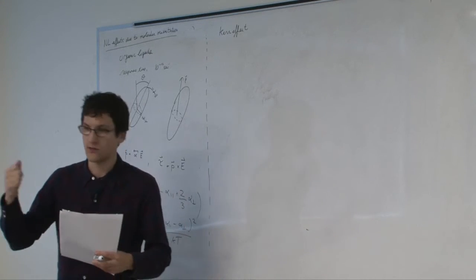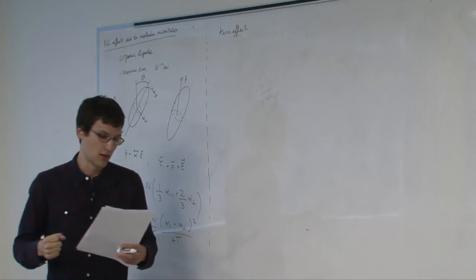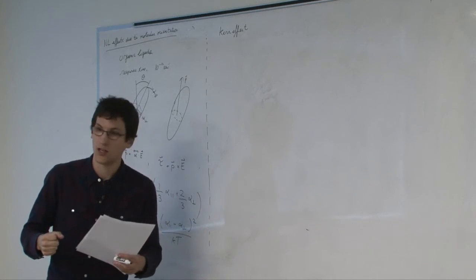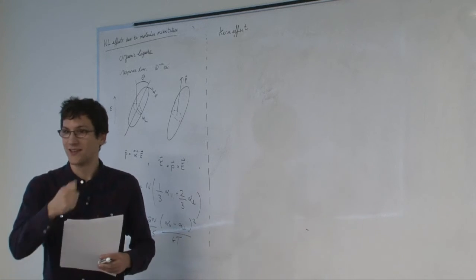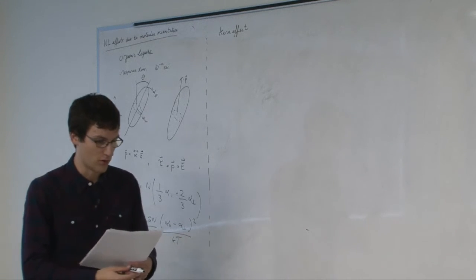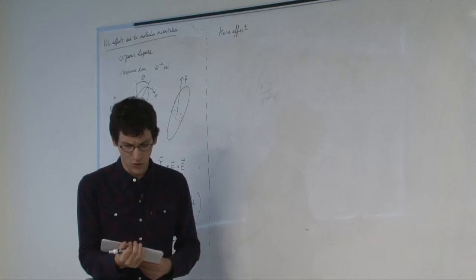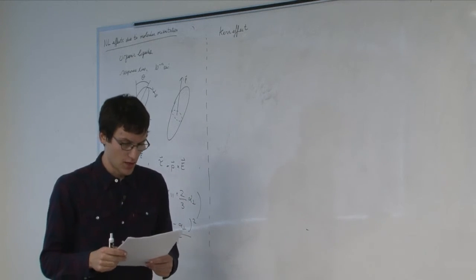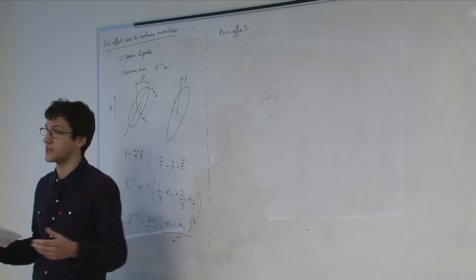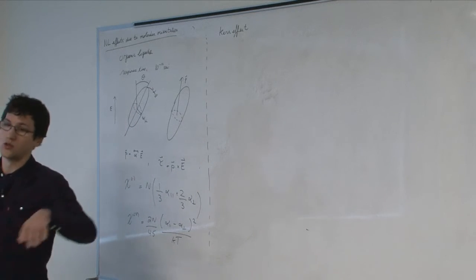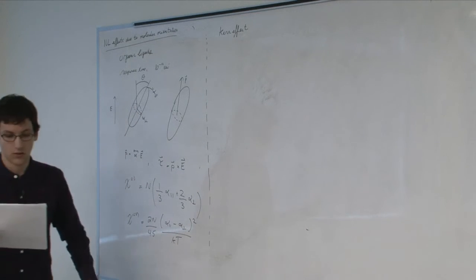The first one is the field that is oscillating, and the other one is thermal agitation of those molecules. If you're familiar with your statistical physics, you know about the thermal vibrations of molecules, and that will randomize the molecular orientation. And this randomization needs to be taken into account to describe the response of those molecules.